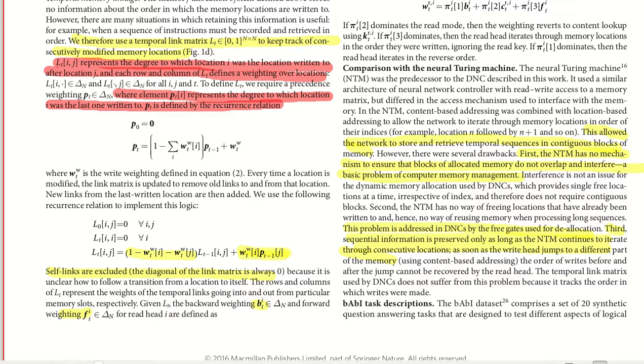So if this is supposed to measure how much i was written to before j, or the opposite, if we write to i and j at the same time, this is going to weaken this relationship. And then we want to strengthen this relationship by the extent that we write to i and we wrote to j in the previous time step. So exactly, just by following the definition of what Lij means.